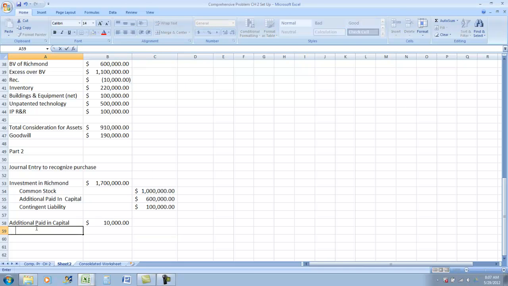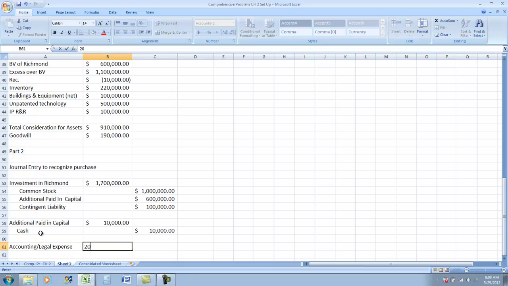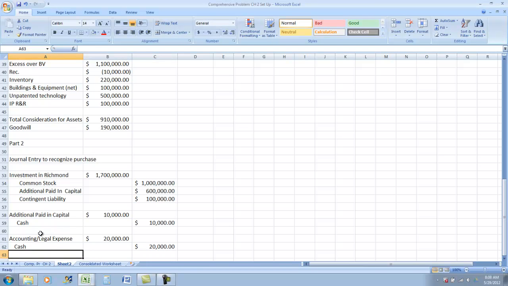And we remove cash, because we paid for that. And then we also have the accounting legal fees. These would be the journal entries that we would make for the purchase.